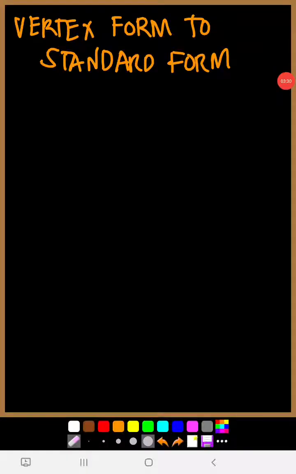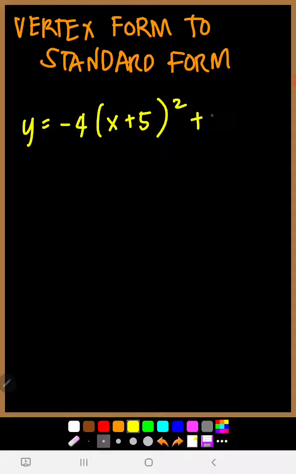Okay, so mag-transform na tayo ng vertex form to standard form ng quadratic function. So, given y is equals to negative 4 times quantity x plus 5 squared plus 2. So, ang first step dyan is yung square natin yung binomial. Ano ba yung binomial natin? Yan yung x plus 5 squared.